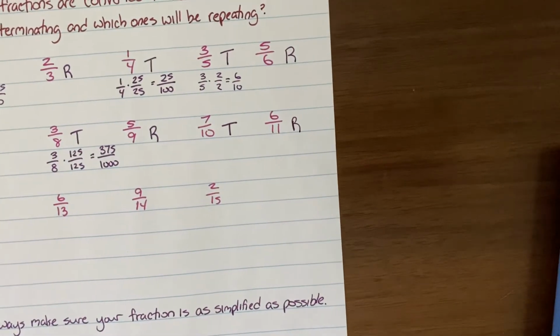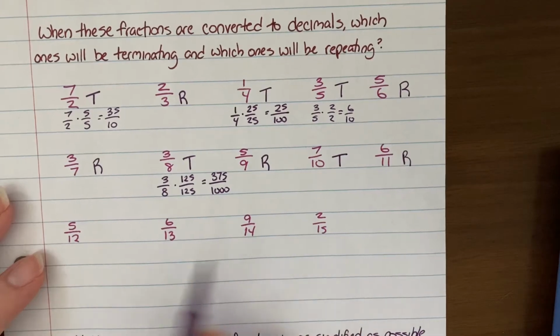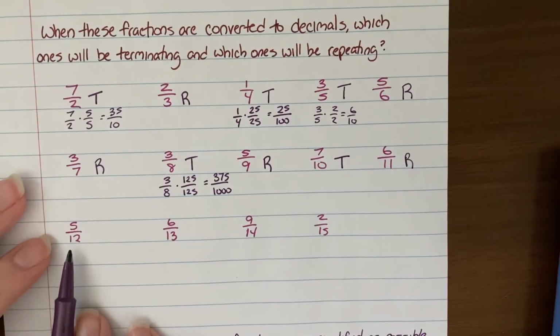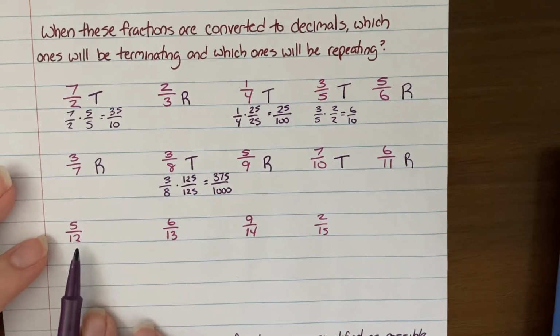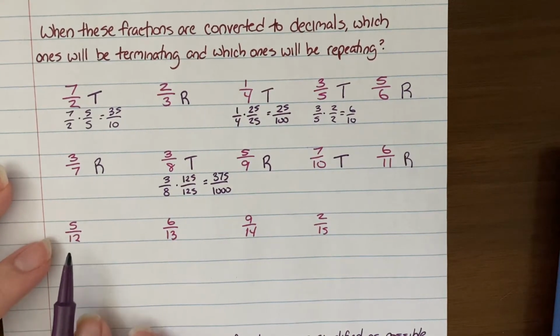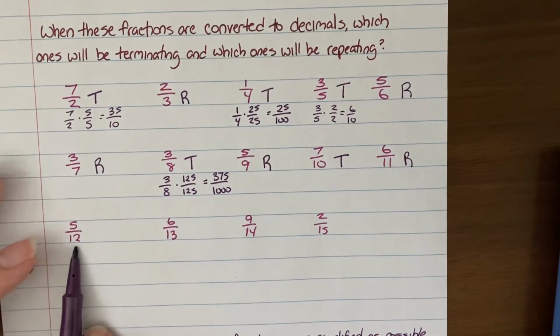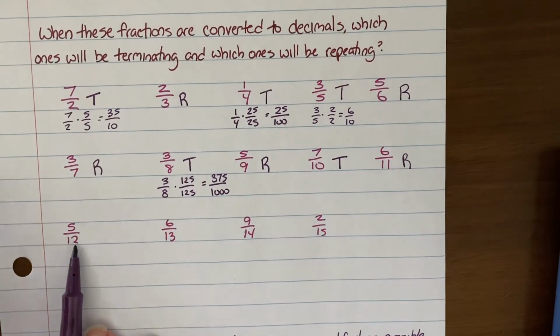We're going to quickly just do 12, 13, 14, and 15. 12 is interesting because sometimes it'll be repeating and sometimes it'll be terminating. But in reality, it is a repeating denominator. And it only ends up being terminating because a lot of fractions can be reduced when they have a 12 as a denominator.